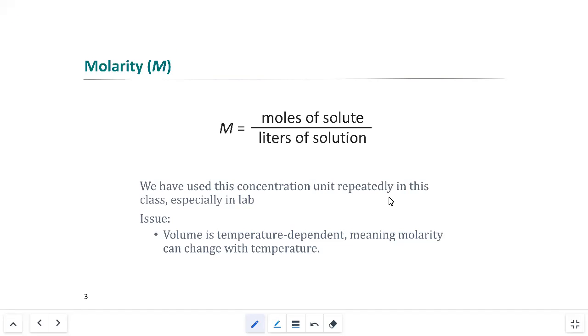But there's a problem with it. Because we have volume here in this denominator, we've got something to worry about. And that something to worry about is temperature dependence.